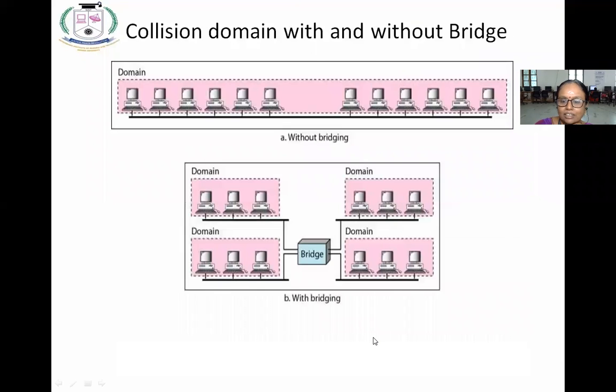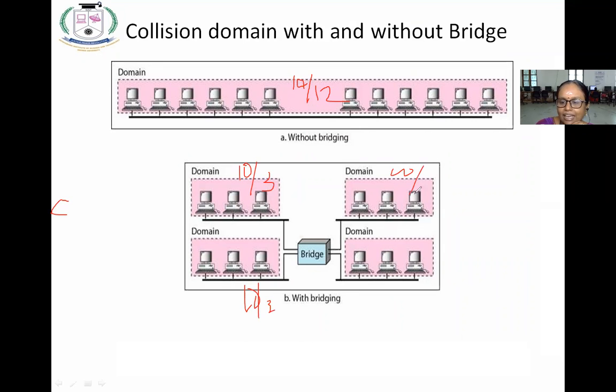Then you all saw the collision domain. We all know that we always follow CSMA/CD, collision detection. The same thing: 10 by 12. But when I go with bridging, this kind of domain becomes 10 by 3, 10 by 3, and 10 by 3.